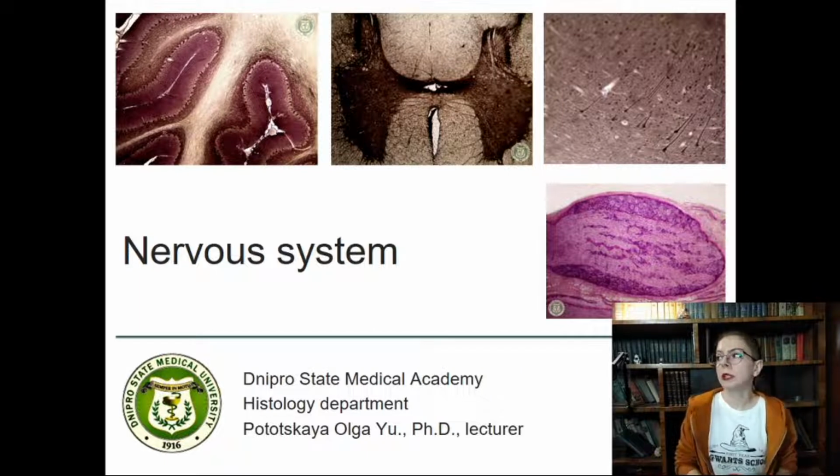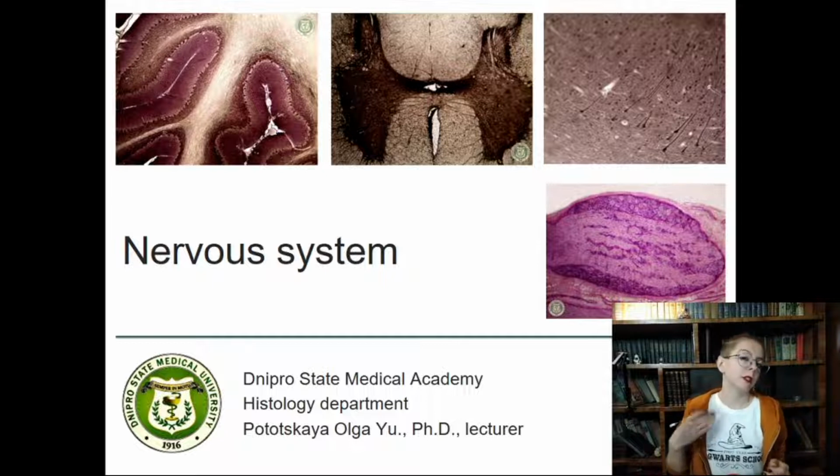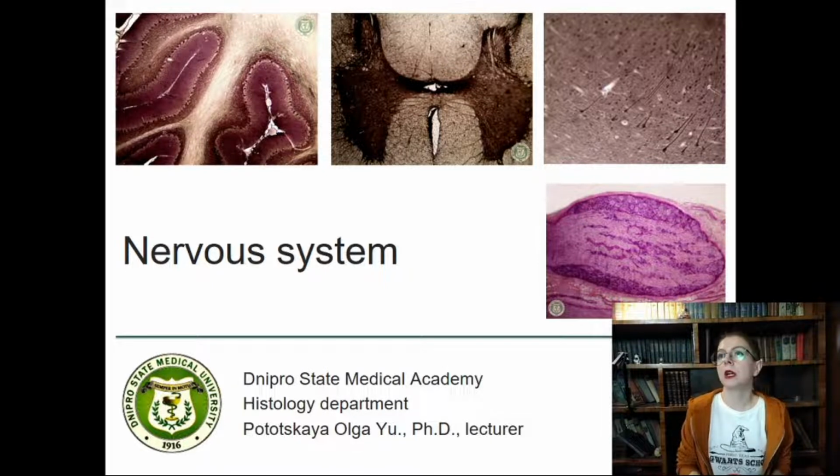Then the second reason why I consider that histology knowledge has the secondary role in this system, that's because biopsy is very rarely obtained. Of course, because nervous system doesn't regenerate well, and because it is responsible for our memories, so only rarely we obtain a part of brain, only in case of tumors.